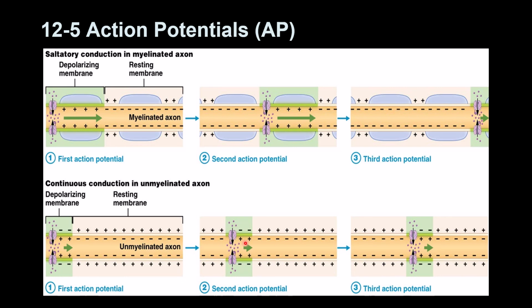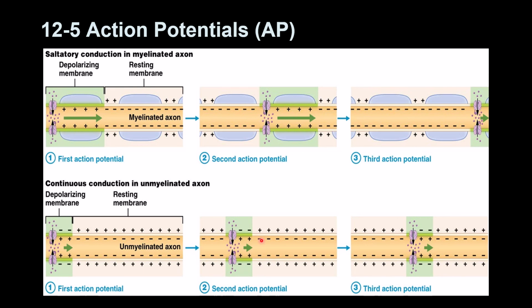Once that becomes active, that small area, the membrane potential will change, and you have to have another voltage gated channel very close to that, and then that will become active, and this should be another one here, another one here. So these channels should be very close to each other, and every time that they open up, that takes time. So even if it is a millisecond, it still takes time.